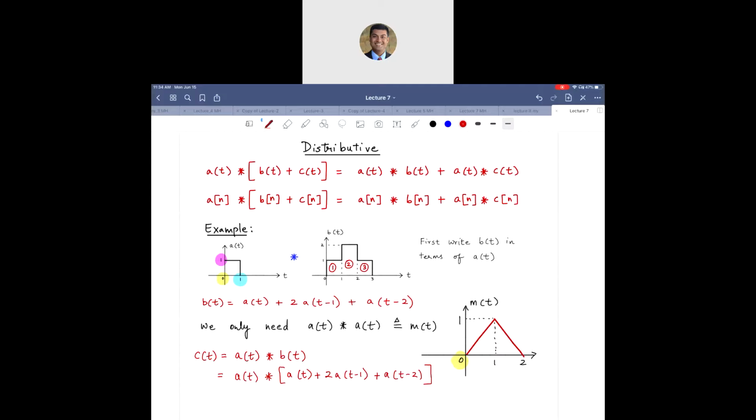That can be written as a of t convolved with a of t plus 2 a of t convolved with a of t minus 1, I hope you see where this is going, plus a of t convolved with a of t minus 2, which is simply m of t plus 2 m of t minus 1 plus m of t minus 2.